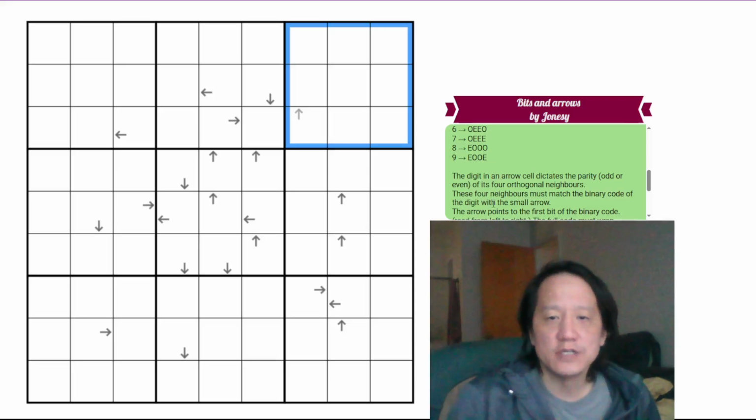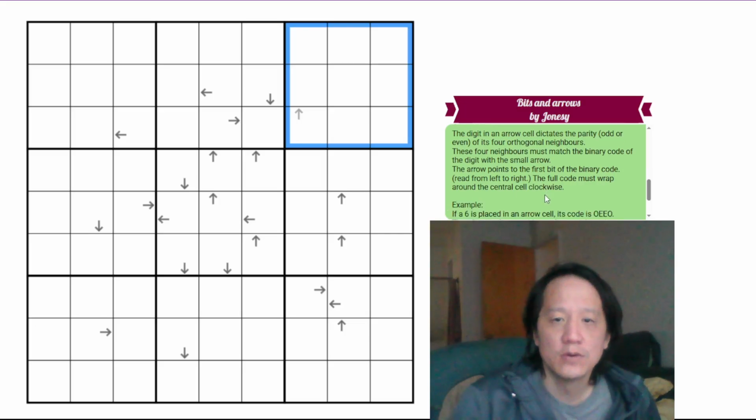The digit in an arrow cell indicates the parity, odd or even, of its 4 orthogonal neighbors.